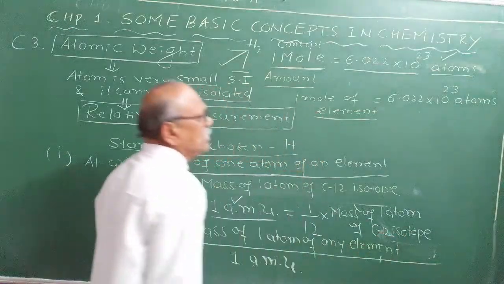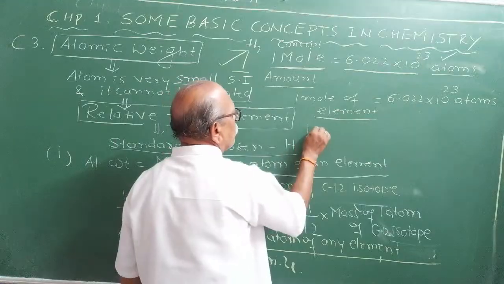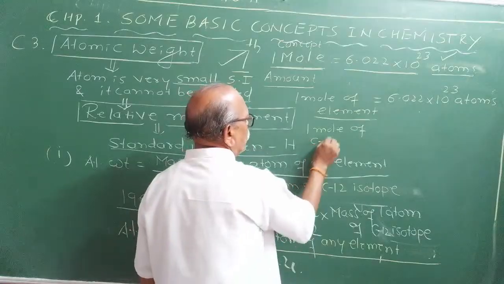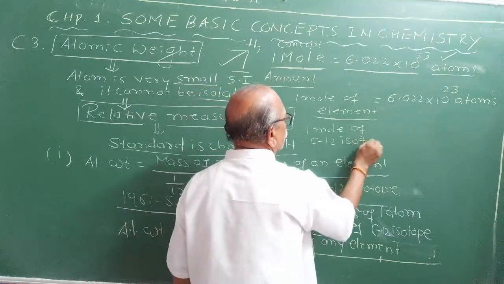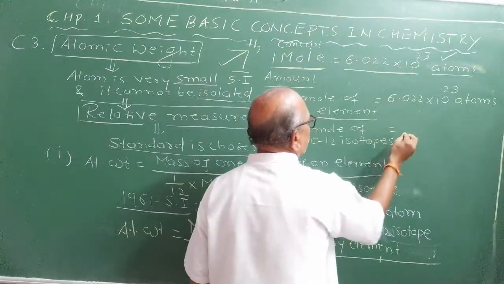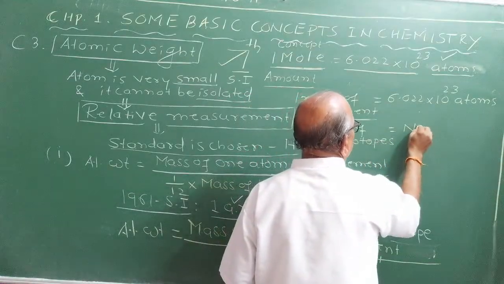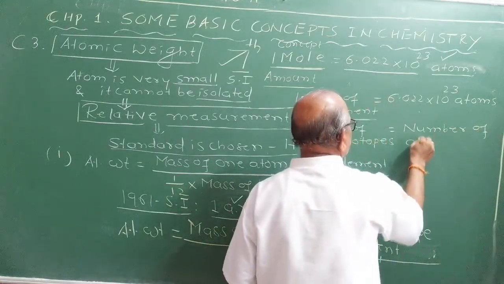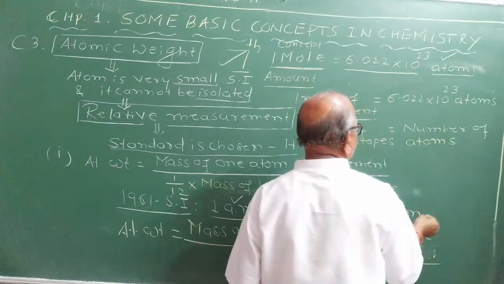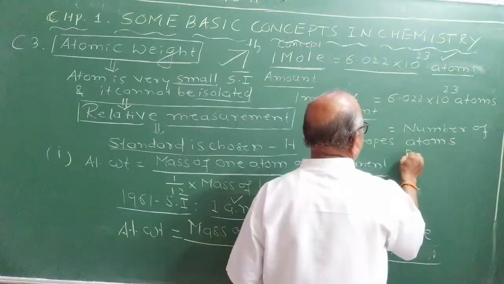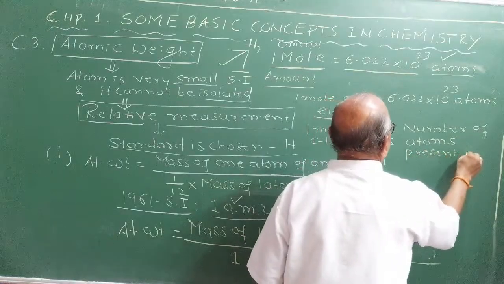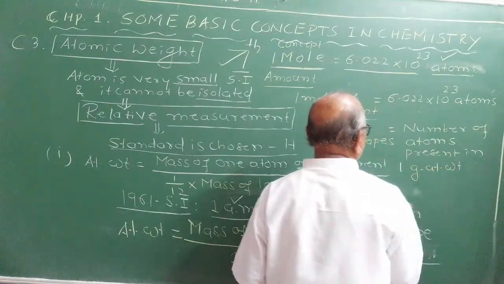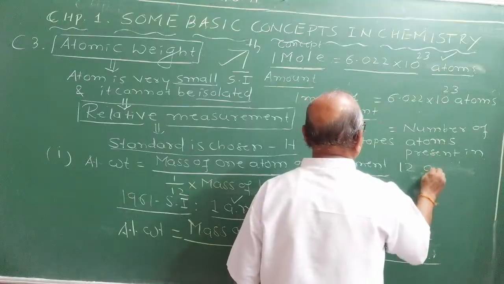What is the meaning of the mass of 1 atom of carbon-12 isotope? What does 12 stand for? 12 grams. 1 mole of carbon-12 isotope means the number of atoms present in 1 gram atomic weight, that is 12 grams of carbon.